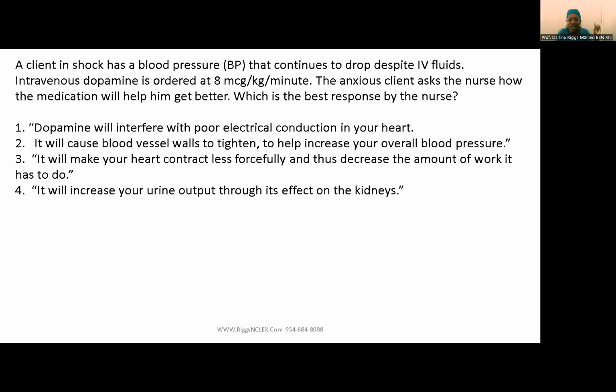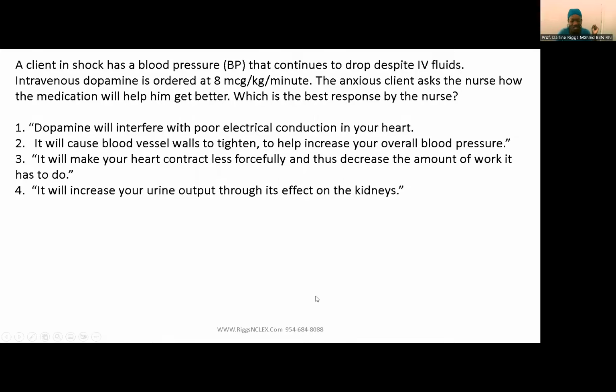It will cause blood vessel walls to tighten, which is another layman's term for vasoconstrict, to help increase the overall blood pressure. Is it three? It will make your heart contract less forcibly, and thus decreasing the amount of work it has to do. Or is it four? It will increase your urine output through its effect on the kidneys.